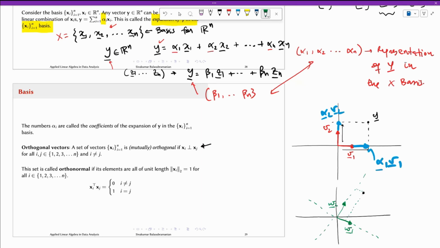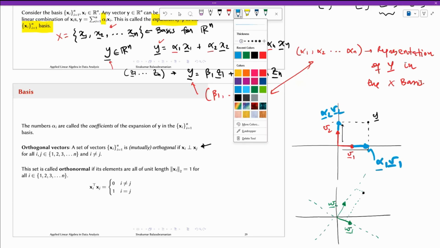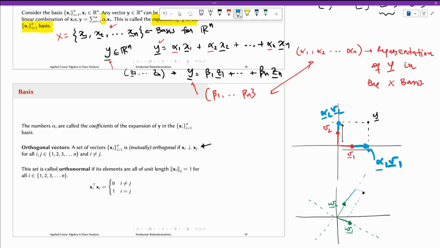Now, if I scale my W2 by so much, and if I scale my W1 by so much, and this is beta 2 W2, this is beta 1 W1. If I add beta 1 W1 and beta 2 W2, I will get y.